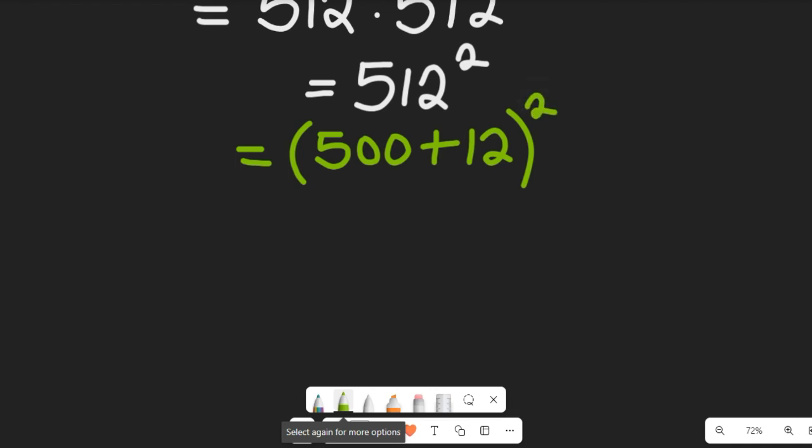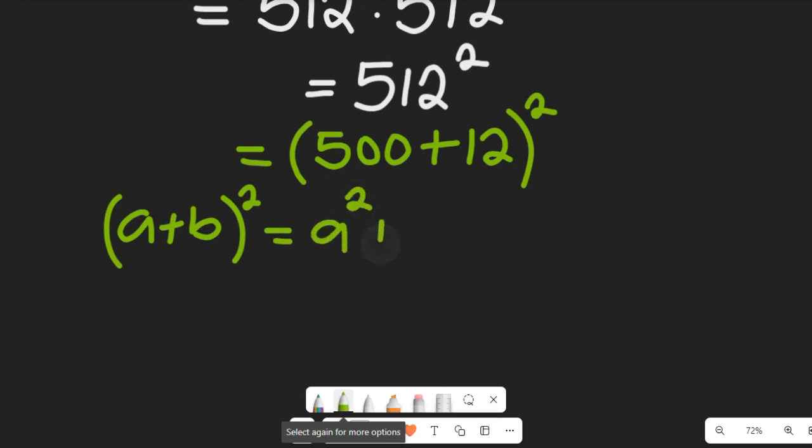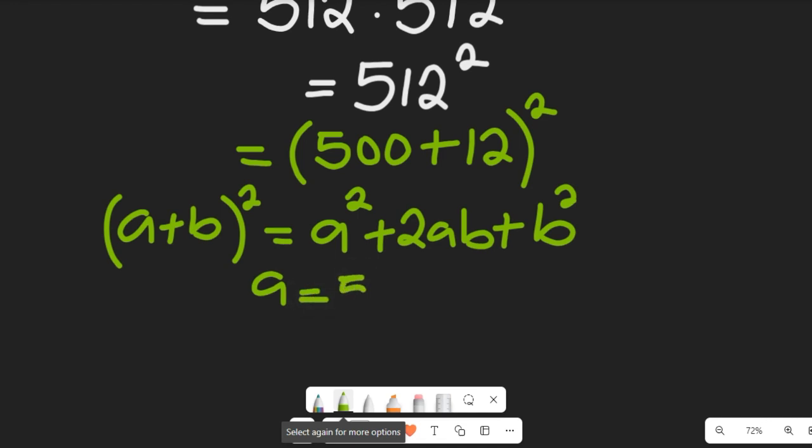Now recall an algebraic expression that if I have (A plus B) all squared, this can be equal to A squared plus 2AB, then plus the square of the second, B squared. That's an algebraic formula. From that expression, my A is equal to 500 and my B is equal to 12.